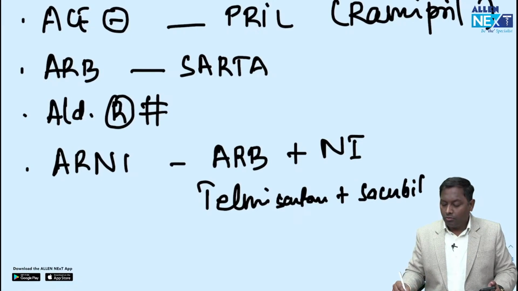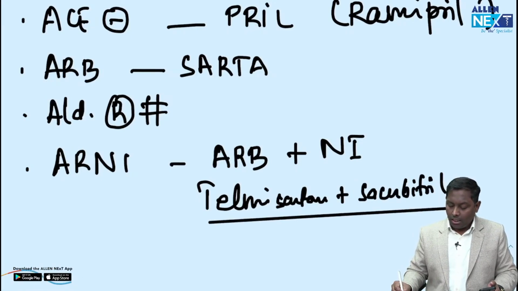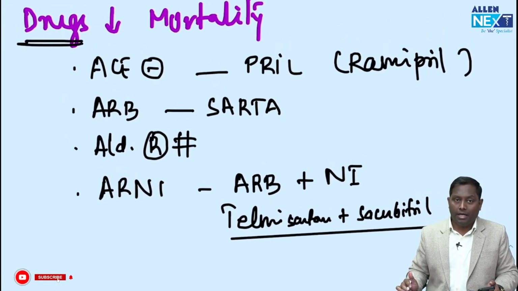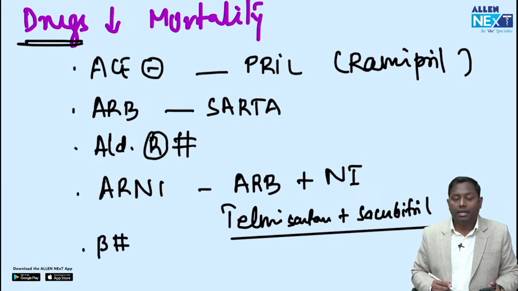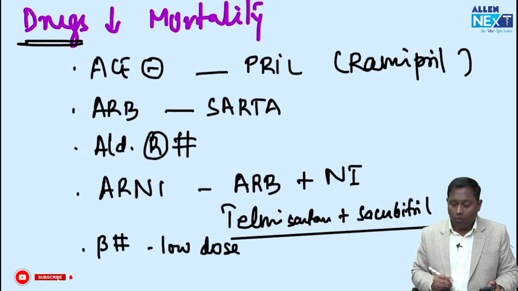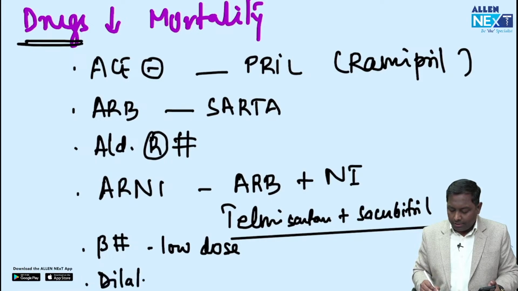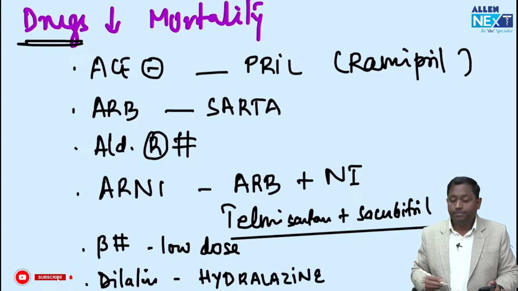So they are not used alone. We do not use sacubitril alone. We are going to use it in combination with telmisartan. We collectively call them ARNI. ARNI is a combination of ARB plus neprilysin inhibitor. Then we are also going to use beta blockers. In beta blockers, remember, we start with a low dose beta blocker, and then we can also use some important dilators, for example the potassium channel opener hydralazine and nitrates.